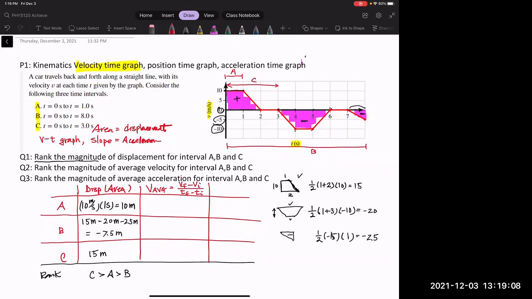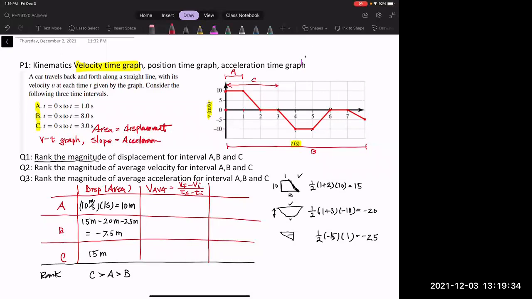Let's look at the A. So if the A, which is from 0 to 1, let me clean this one up a bit. Okay, for the A, we start from time equal to 0, that is 10. When you go to 1, it's still 10, right?